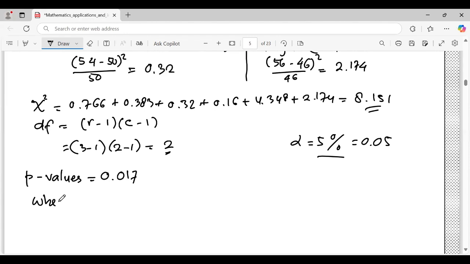So when the p-value is less than alpha, the decision is to reject the null hypothesis.